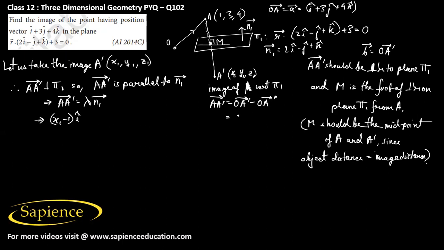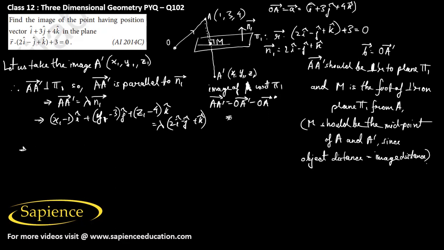So it is x1 minus 1 i cap plus y1 minus 3 j cap plus z1 minus 4 k cap, and that should be equal to lambda times this n1 vector, which is 2i cap minus j cap plus k cap.